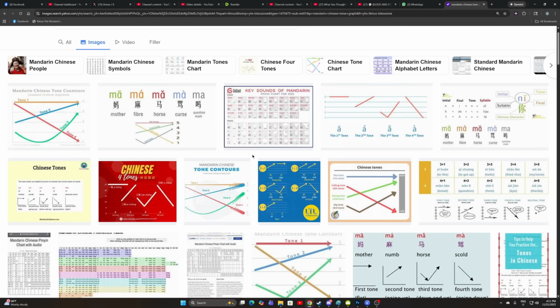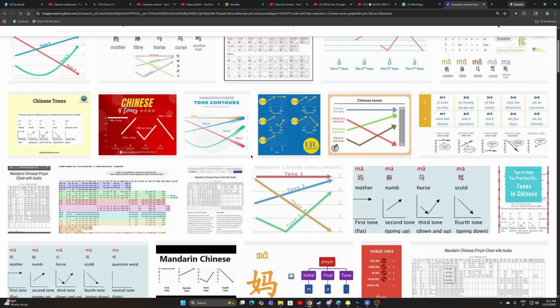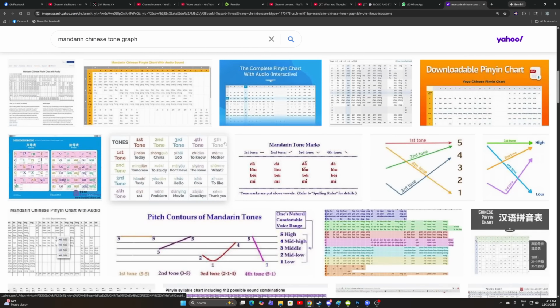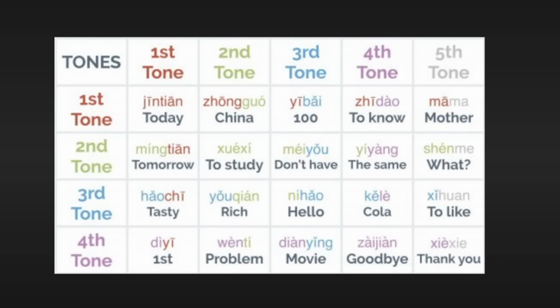Let's find a list of words that we can use for practice. There we go. So here we have, for practicing the first tone, 今天, today, 中国, China, 100.